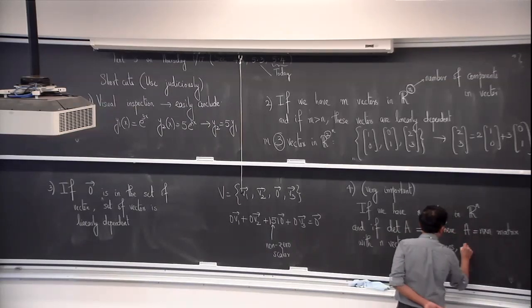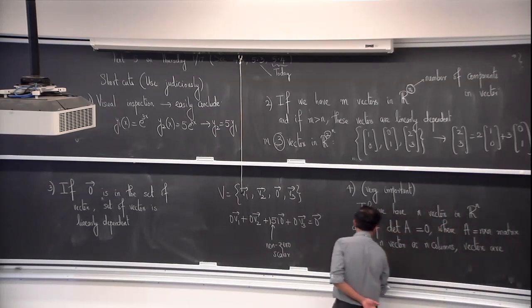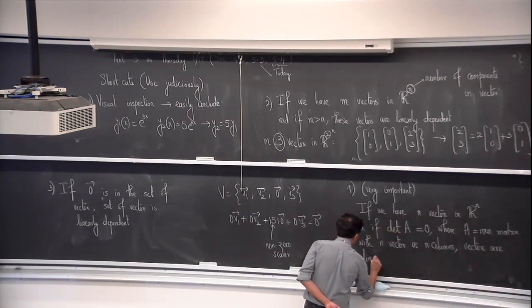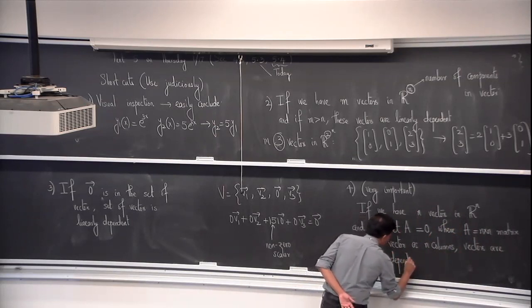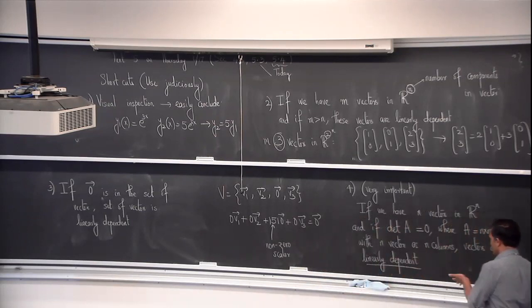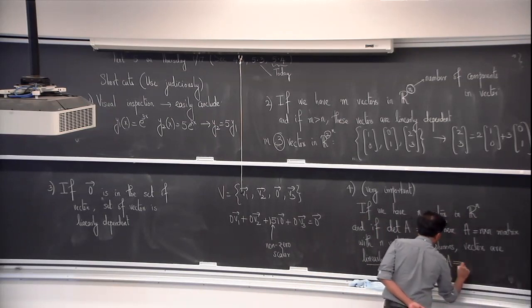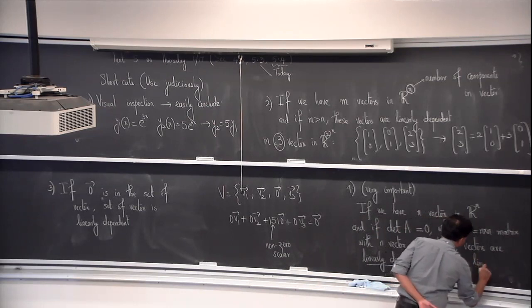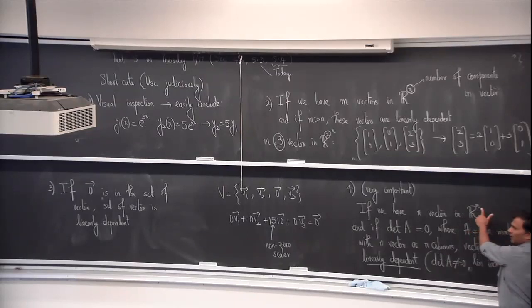Which also means that if the determinant is not equal to 0, they are linearly independent. But you can use this only if you have the same number of vectors as the dimension of the matrix you're dealing with.